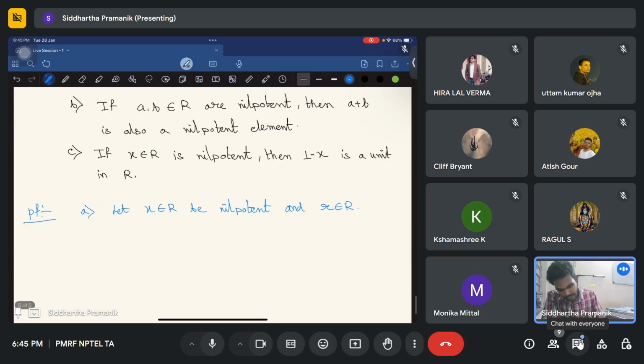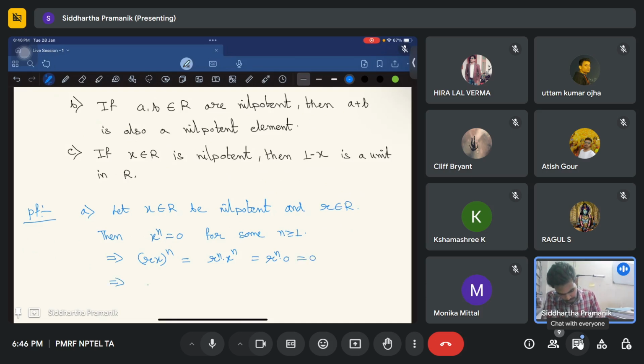Now since x is nilpotent, x power n is 0 for some positive integer n. So this will imply rx power n, which you can write as r power n times x power n, because we are in a commutative ring, and this is r power n times 0, which is 0.